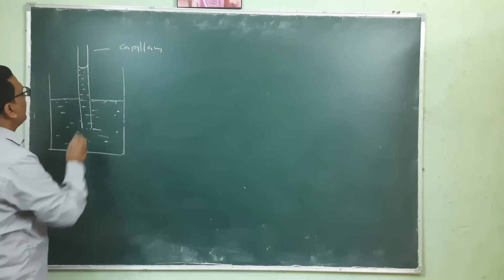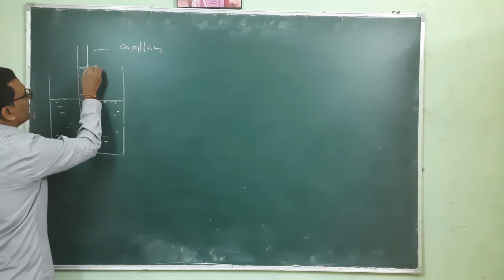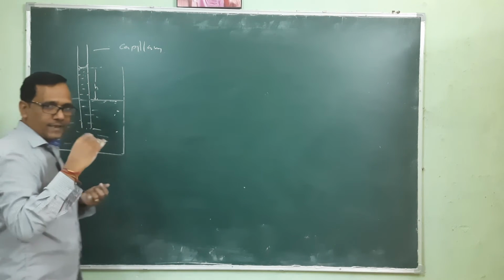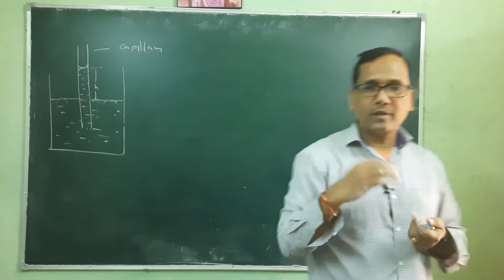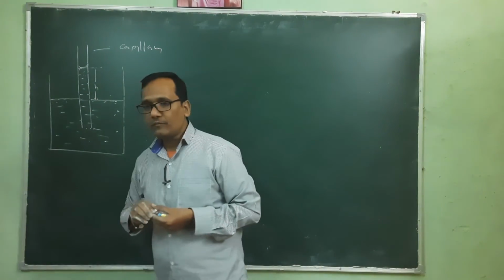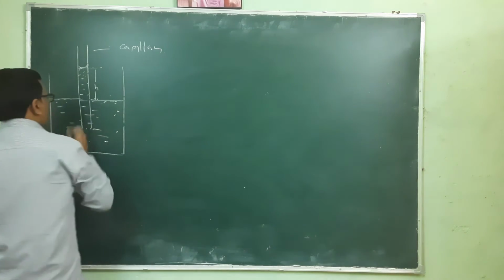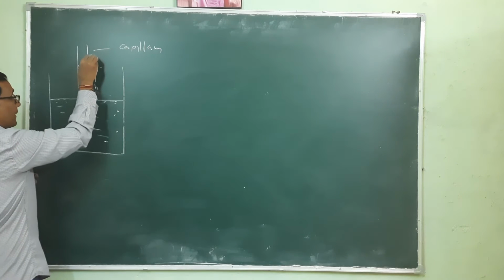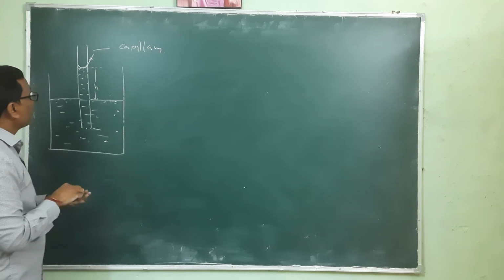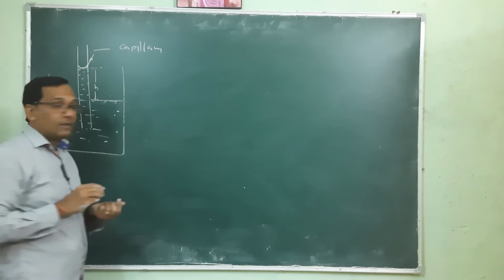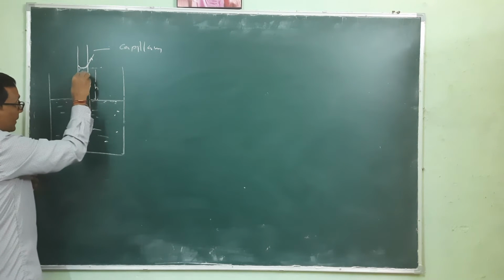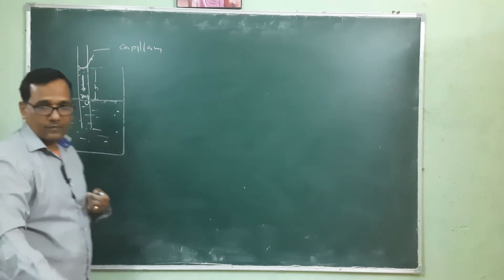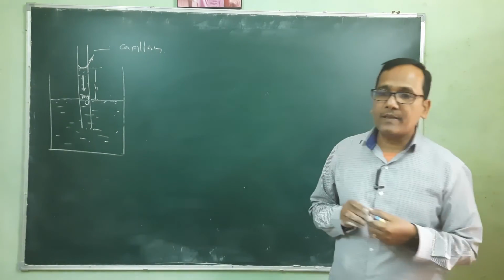Mathematically, let this height be h. So h is the height of capillary rise, up to which the water rises. The surface tension acts along this direction, and in the calculation we have to consider the force applied by this liquid column towards the center of the earth, its weight.